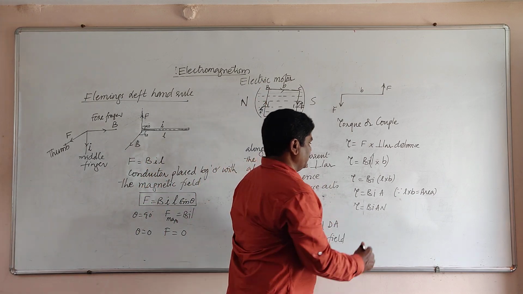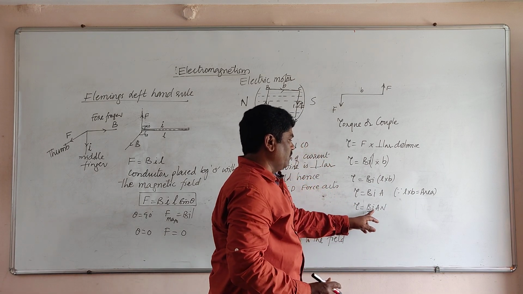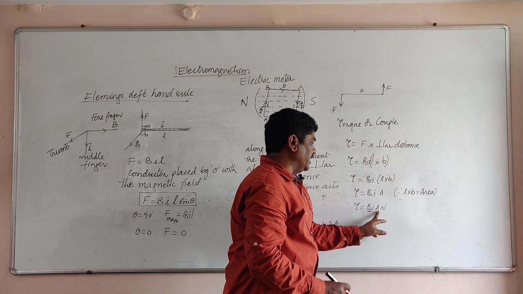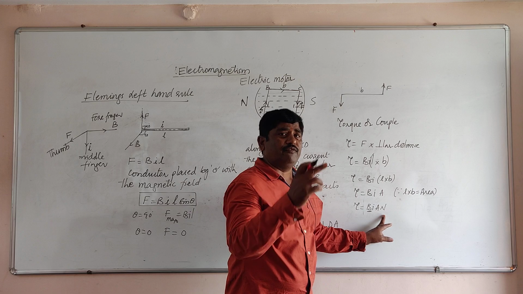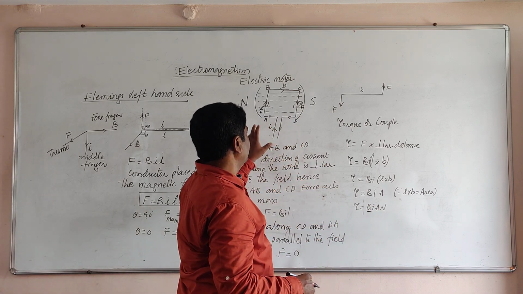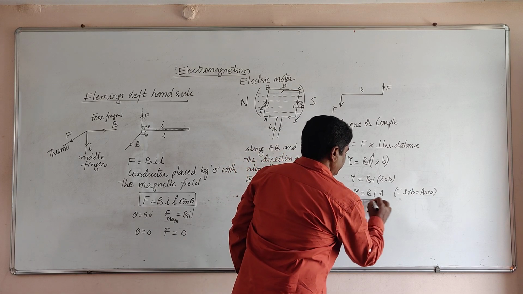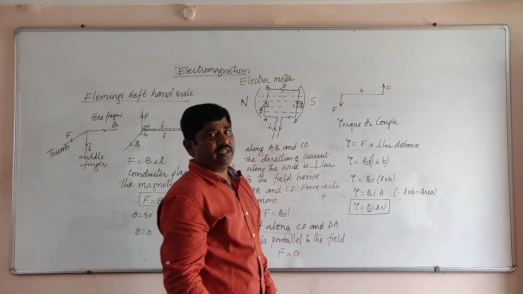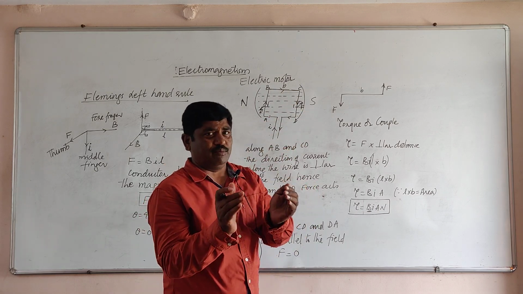This is because of the torque. So by increasing the field, or the electric current, or the area of the armature, or the number of turns in the coil, we can increase the torque. That is nothing but the RPM, you can say.